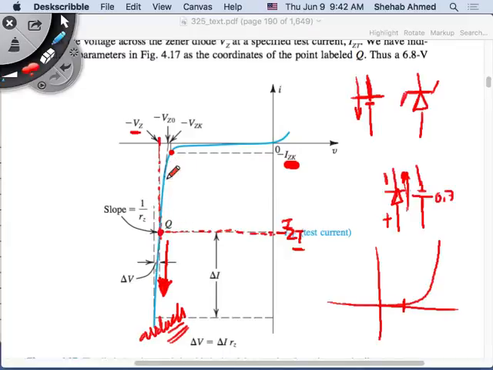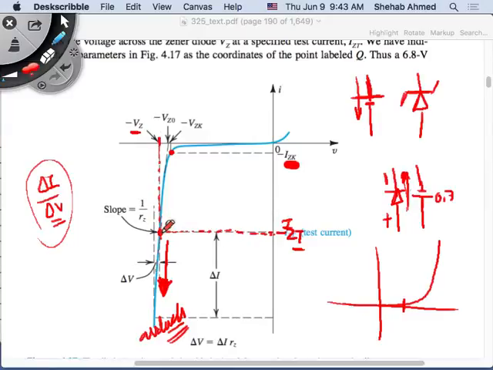At this point, the tangent of that is 1 over r as well, because delta y is delta I and delta x is delta V. The tangent to this line has a slope equal to 1 over rz, which is delta I over delta V. You can take delta I as IZT and delta V as VZ. So IZT over VZ will give you the 1 over RZ, which is the impedance that they gave us in the datasheet.